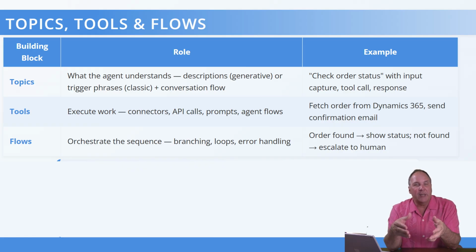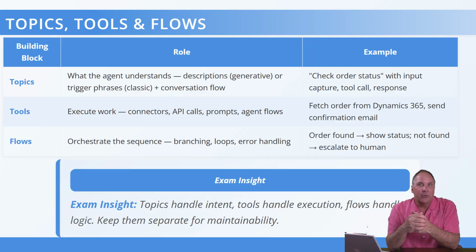Flows handle branching, loops, and error paths. Every flow should explicitly handle what happens when things go wrong. What if the API times out? What if the account doesn't exist? Design for failure, not just the happy path.